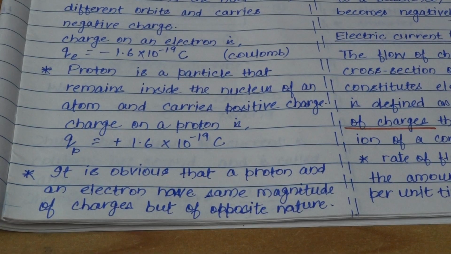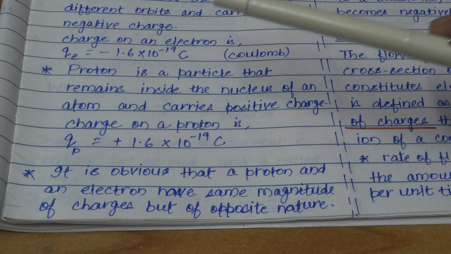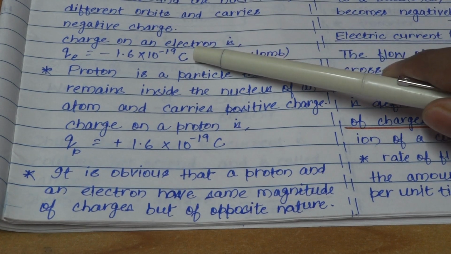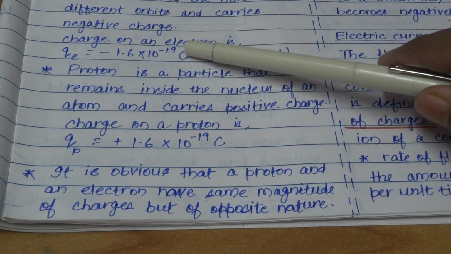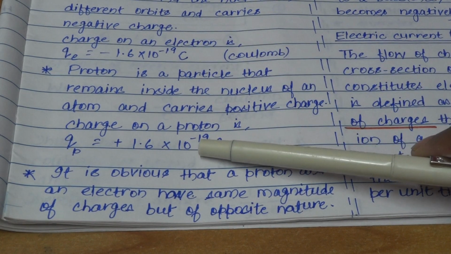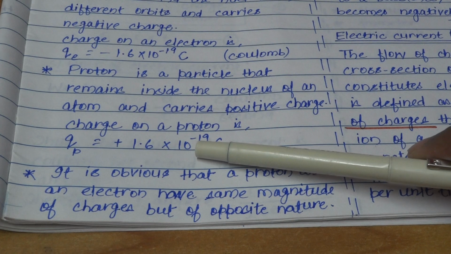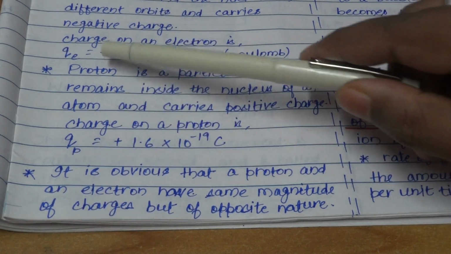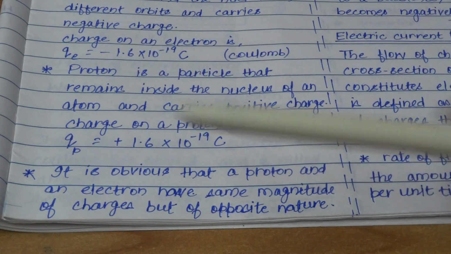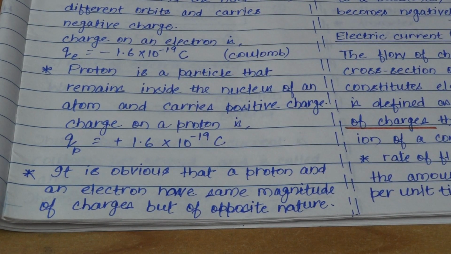It is very clear that the magnitude of charge on an electron is equal to the magnitude of charge on a proton. An electron and a proton have equal magnitudes of charges. The only difference is that charges are of opposite nature. Electron has negative charge while proton has positive charge. Otherwise, the magnitude of charges on these two particles are same.